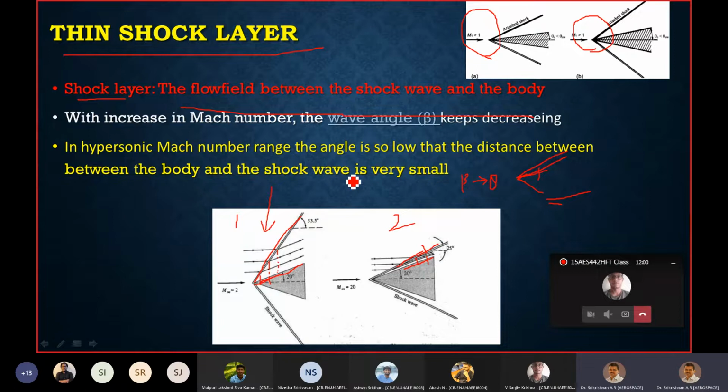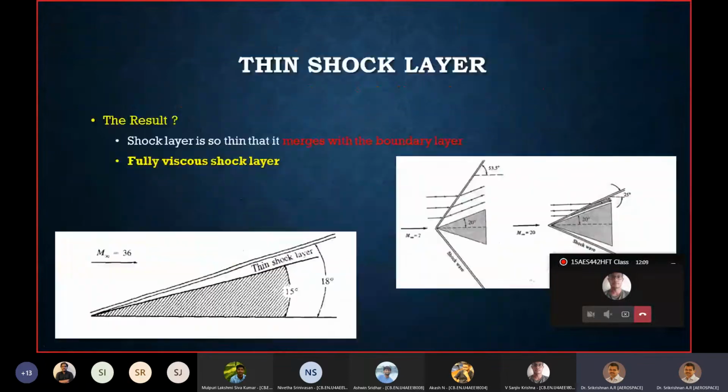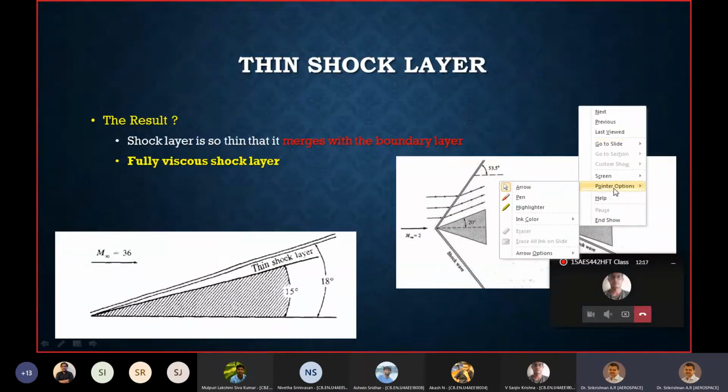Why is it important? Because with increase in Mach number, the shock layer becomes thinner and thinner, in such a way that eventually the shock layer tends to merge with the boundary layer. Now remember, please be attentive to what we are considering now.